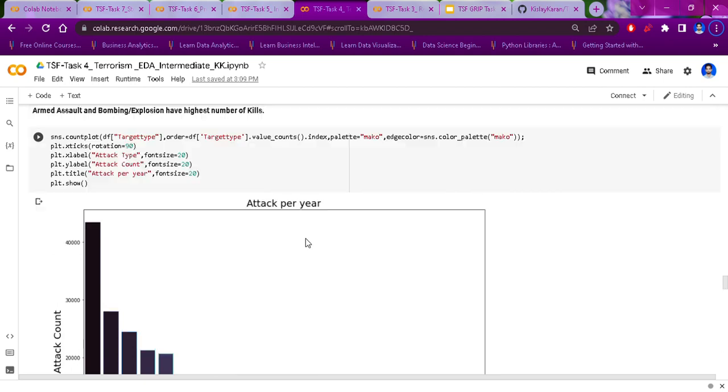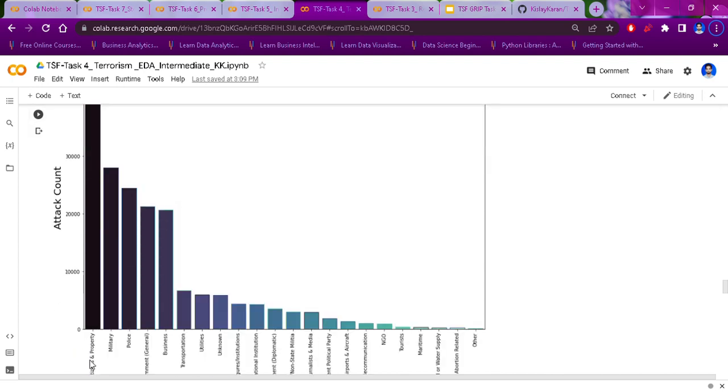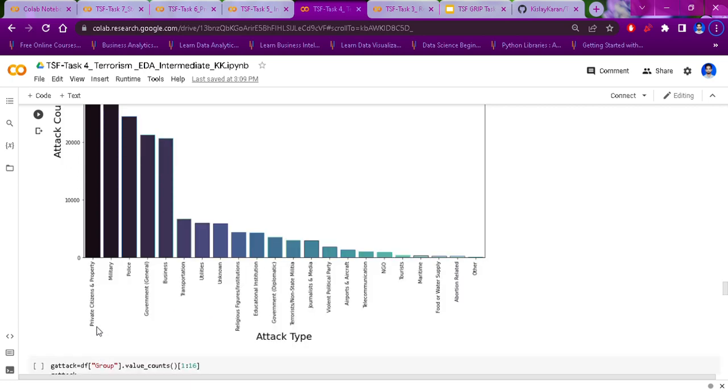So what kind of targets the terrorist group wanted to attack, based on that we'll be having the data over here. Terrorist groups mostly attacked private citizens and property, followed by military bases and camps and police headquarters or police stations.